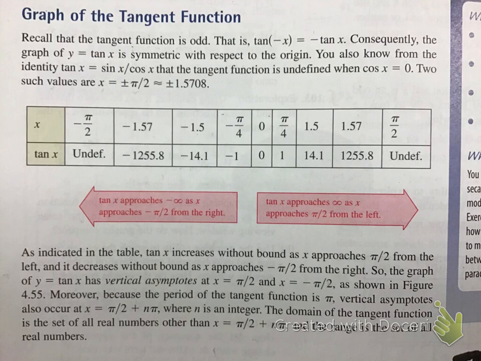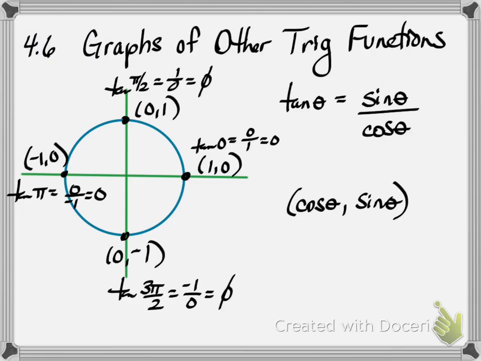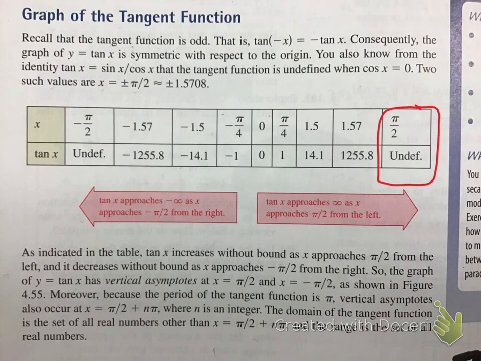But if we look here at this chart that's already done for us, we see where tangent of pi over 2 is undefined, and I think it makes sense to us that positive pi over 2 is undefined. And if we were to go the negative direction, this would be negative pi over 2, and it would also be undefined.